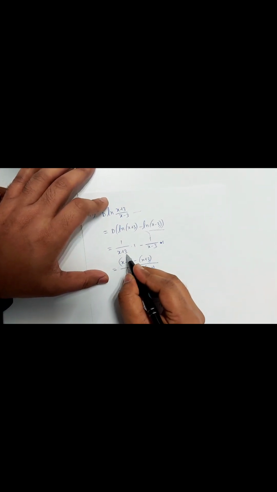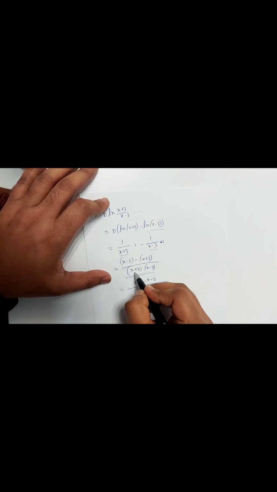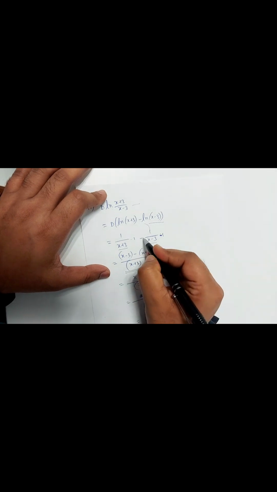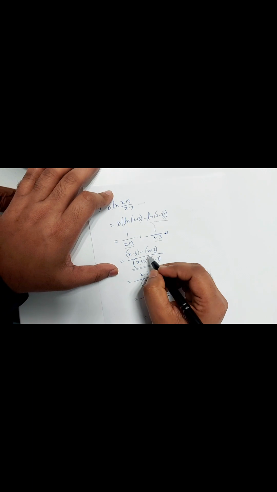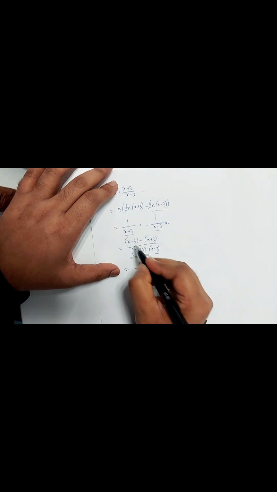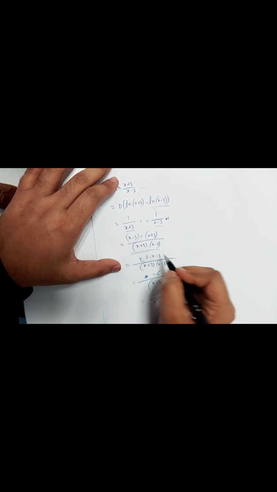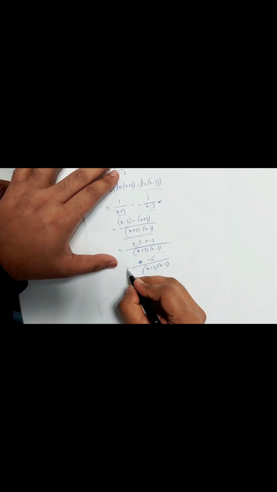So here, x plus 3 and x minus 3, and we get x plus 3 from here, x minus 3 minus x minus 3, by deduction it's remaining x plus 3.